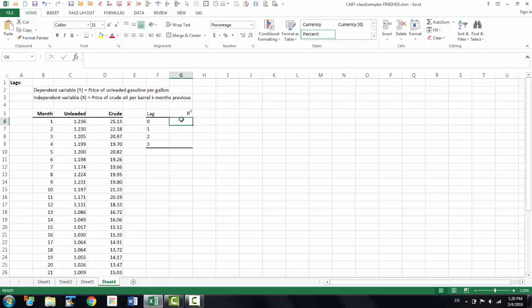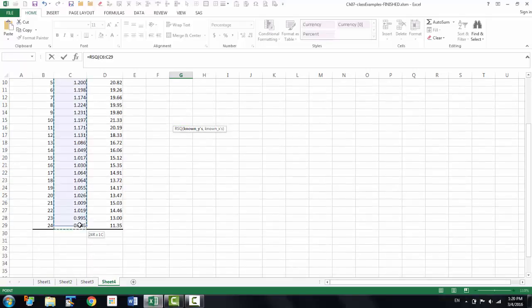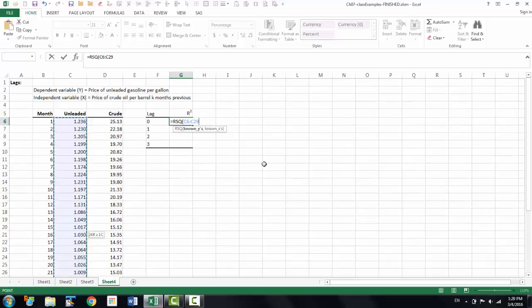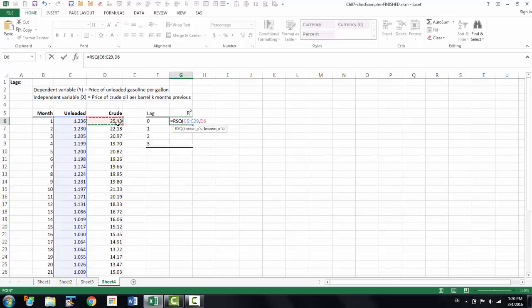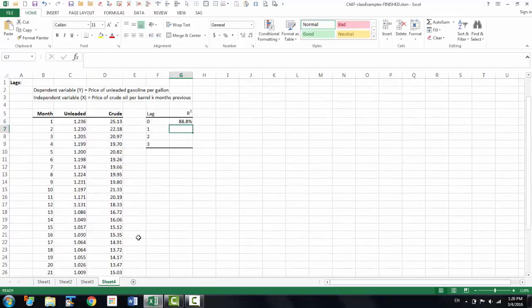You don't need to lag the data. So we can find the R squared value by simply taking the Y values and matching them up with the X values without any lag at all. Now that will give you the R squared value without lag.